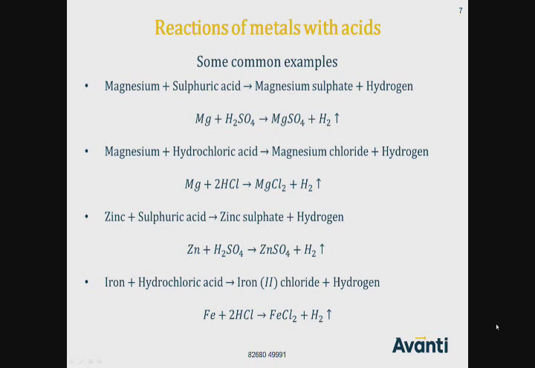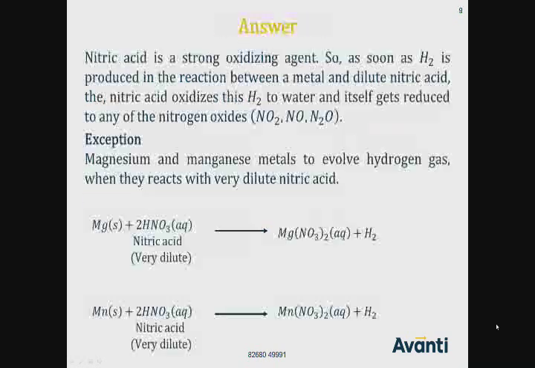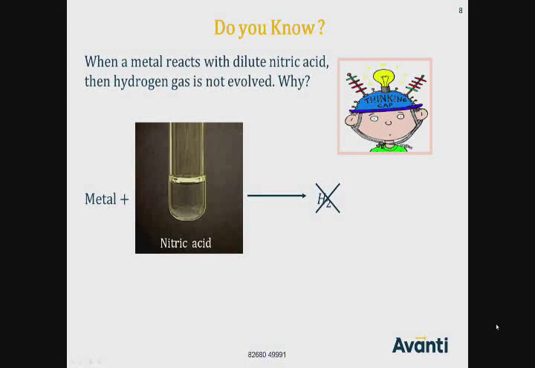Please copy and then confirm. Oh, you have copied that. When metal reacts with dilute nitric acid, hydrogen gas is not evolved. Why? Yes, mark it. Metal on treatment with nitric acid does not give hydrogen.